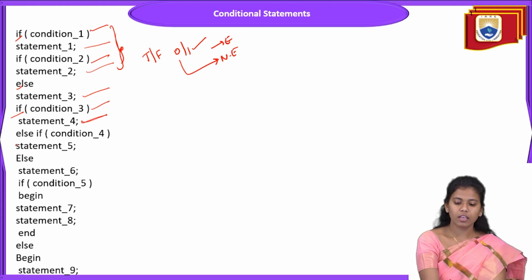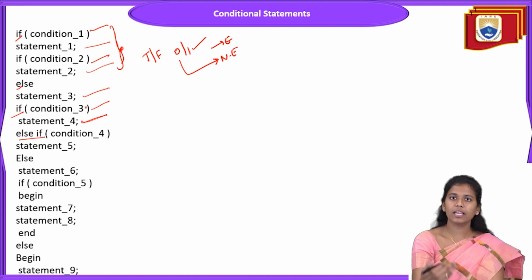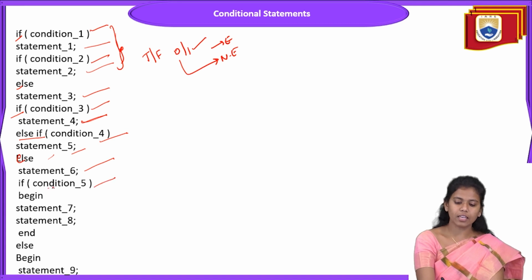Then followed with else if. If it is not, then else if condition 4, and then follow the statement, and then else, if condition 5, and then begin.